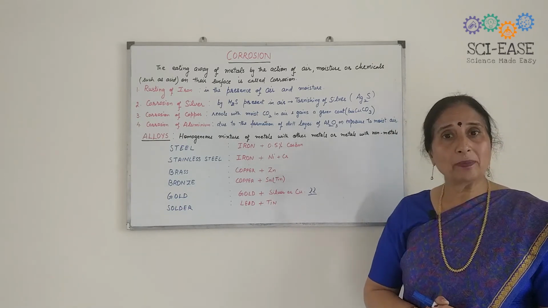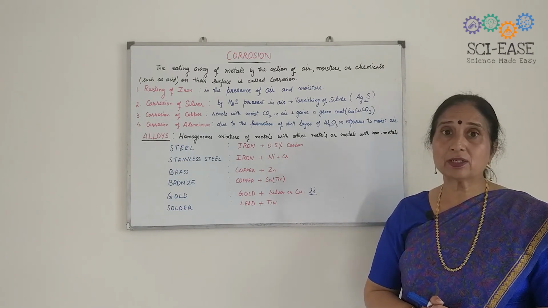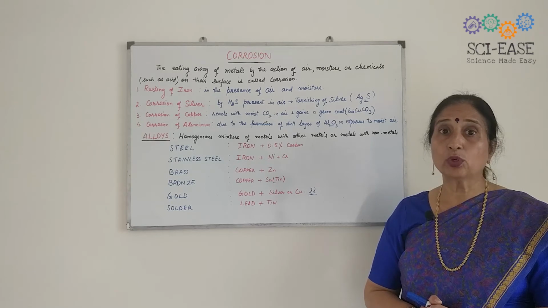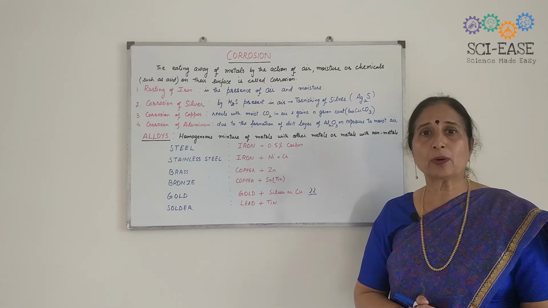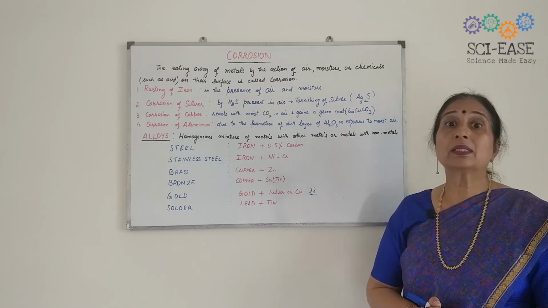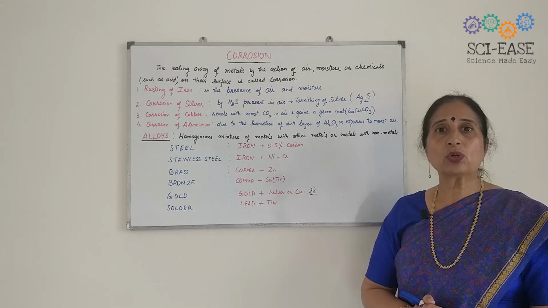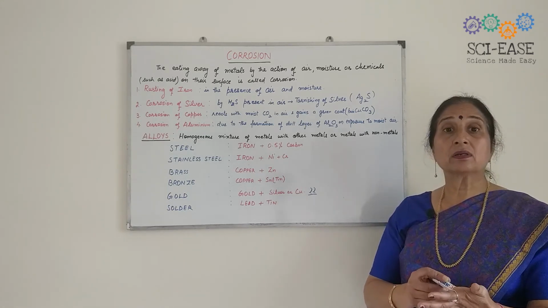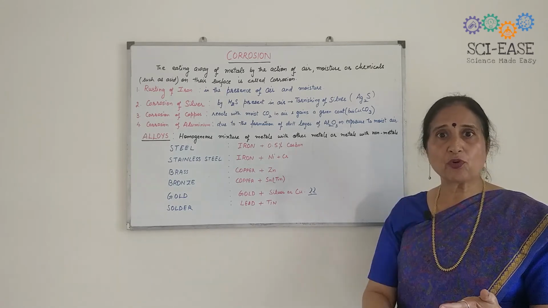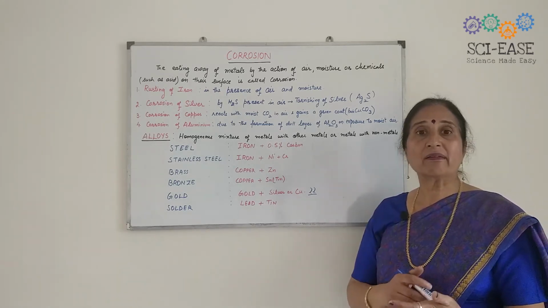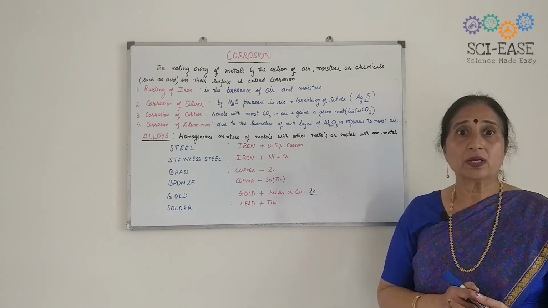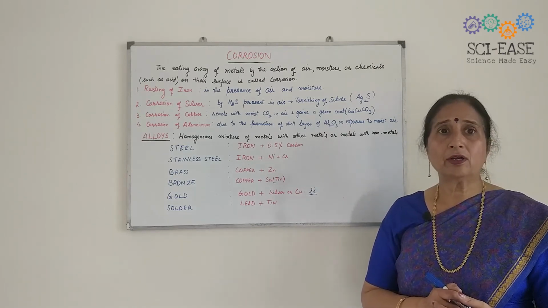Now come to non-metals. Carbon is very, very important. I have told you that coke, one of the allotropic forms of carbon, is used as a reducing agent. Otherwise also graphite and diamond are used for drilling purposes and for cutting glass.